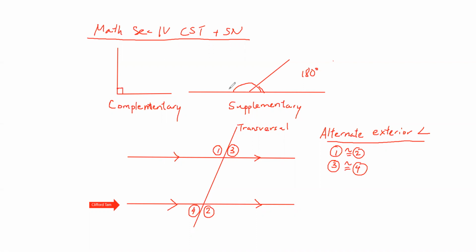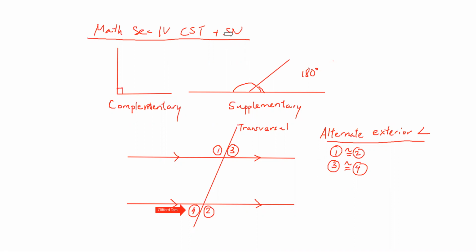So if I'm referring to this angle right here, I know that it should be exactly the same as this one right here. Much like angle 3 is also on the exterior of the train tracks, but on the alternate side of that transversal line. So exterior for being on the outside of the train tracks, and alternate for being on the opposite sides of that transversal line.